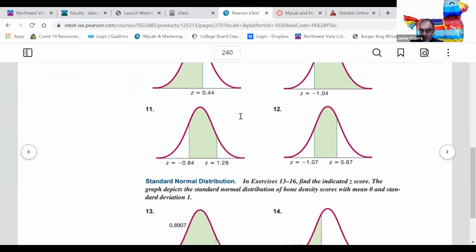So that's the one where you have to do the in between. You put the smaller number on the left, bigger number on the right. This one's easy because you put negative 0.84 less than z less than 1.28. So this is how you draw the probability statement for number 11.